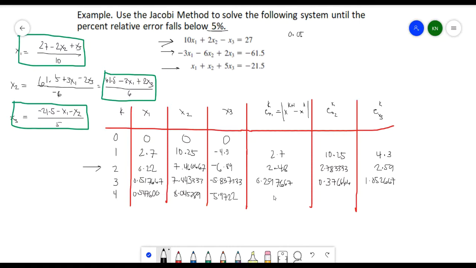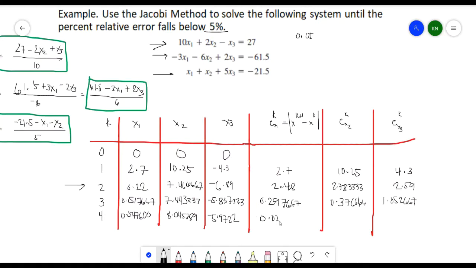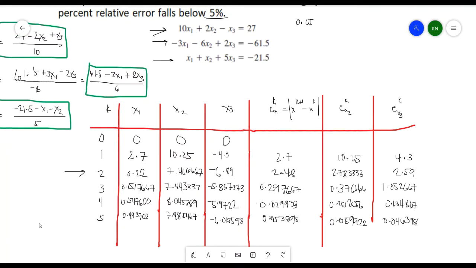And for the relative error, we have 0.29933. For the other one, we have 0.202056. And we also have 0.134867. So moving forward, we already have the values of our fifth iteration.